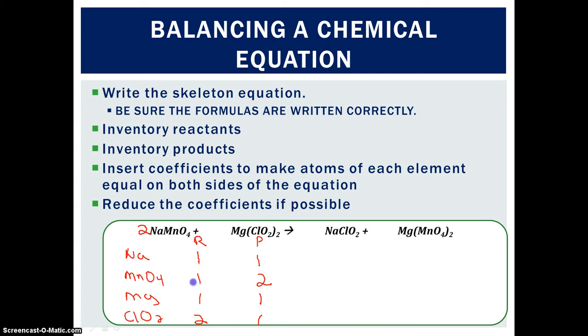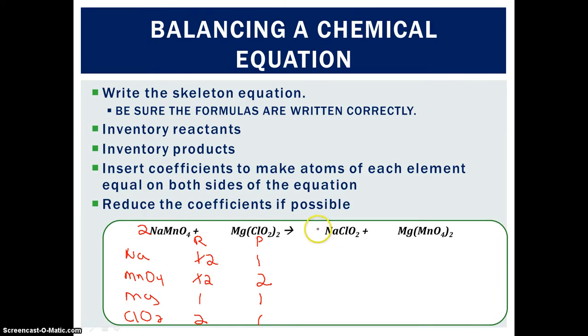When I do that, that gives me 2 permanganates, but also 2 sodiums. The 2 also is in front of the sodium. So now my permanganates are balanced, but my sodiums and my chlorides are still not. I have 2 of each of them on the reactant side, the left side, and 1 of each on the right side.